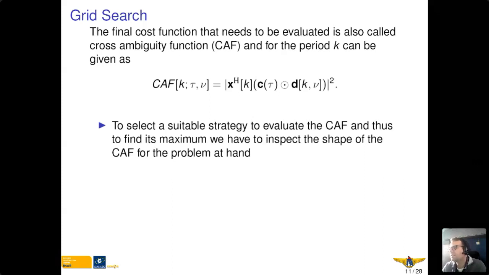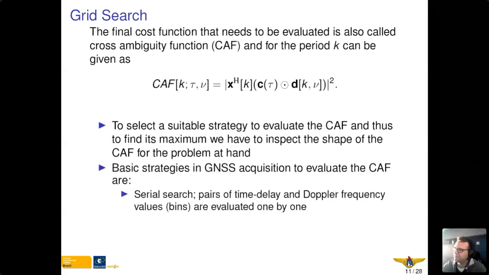To select a suitable strategy to evaluate the CAF and thus to find its maximum, we have to inspect the shape of the CAF for the problem at hand. So we have to look at the shape of the CAF for all possible time delay and Doppler values. Basic strategies in GNSS acquisition to evaluate the CAF are serial search.